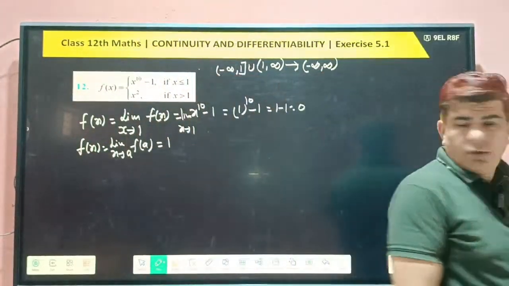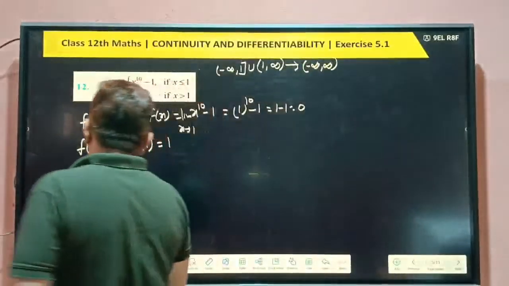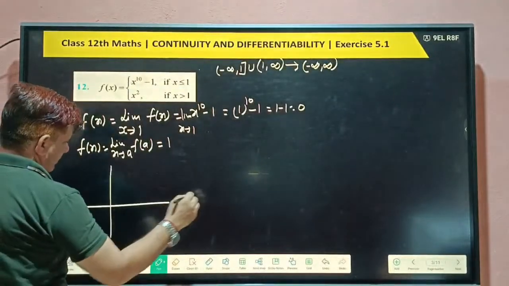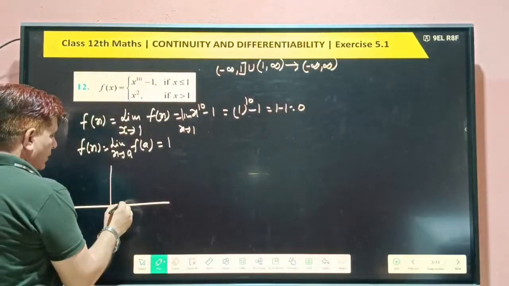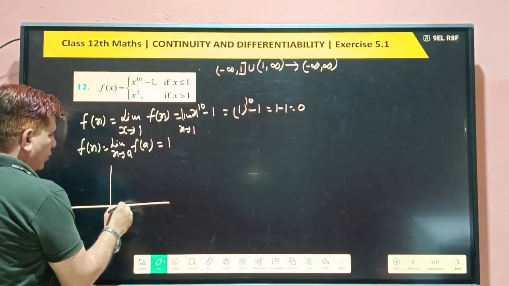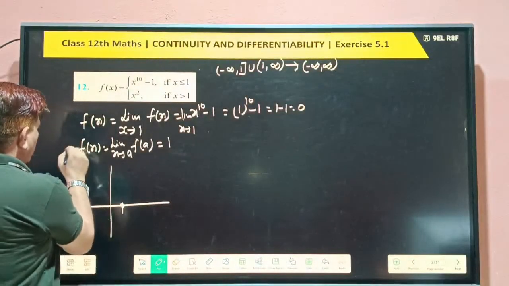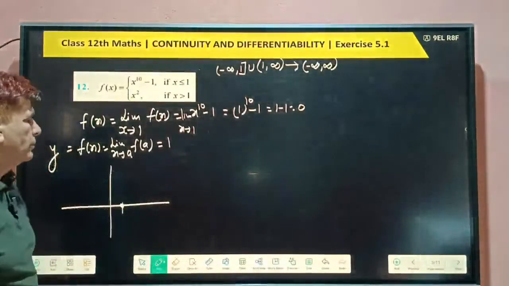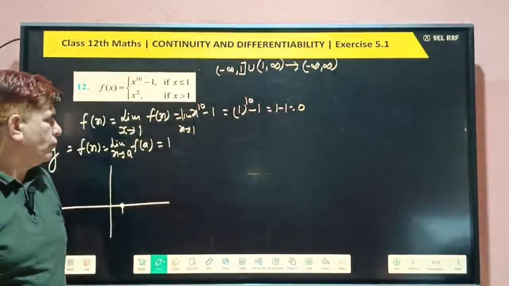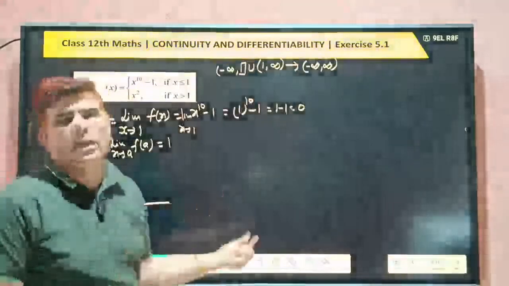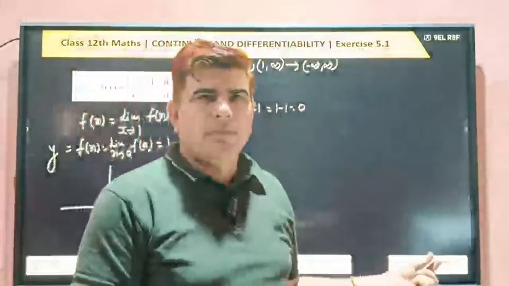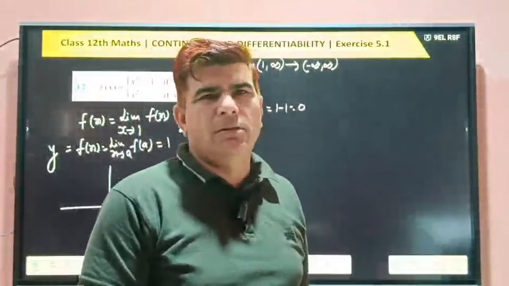1 or not? So what's its meaning? Its meaning is like this. This is the point 1. At 1, what's the value of y? 0. So we will check on the left hand side and on the right hand side of this what's the value of this function.